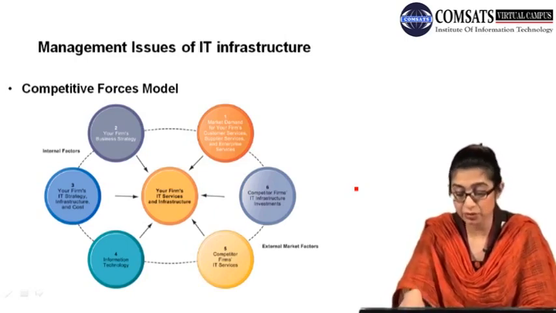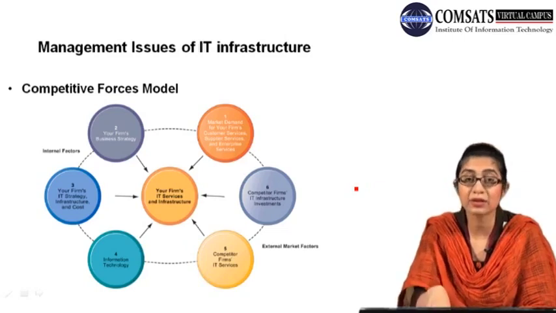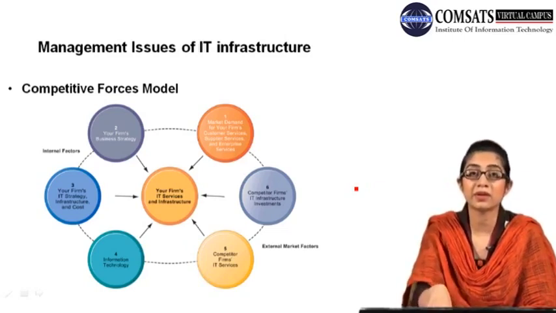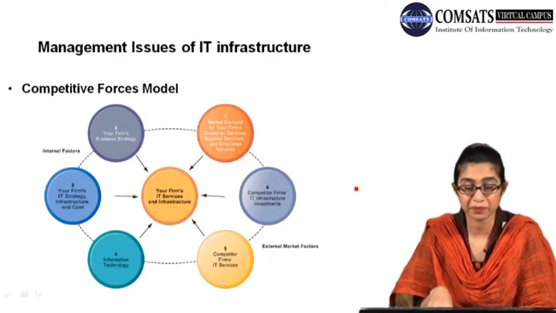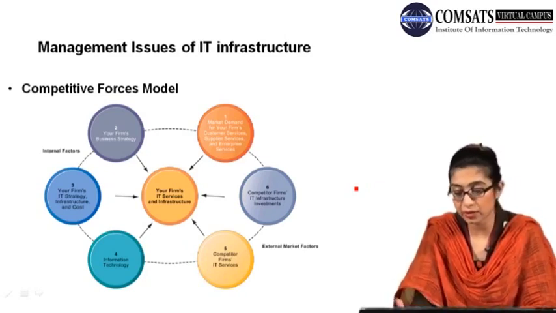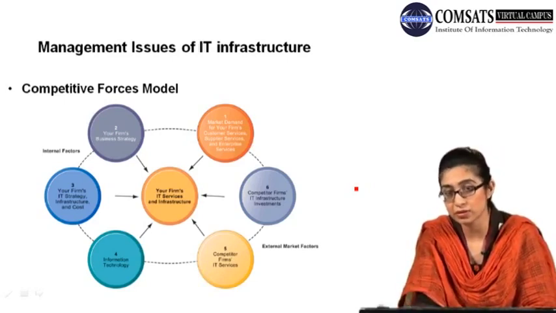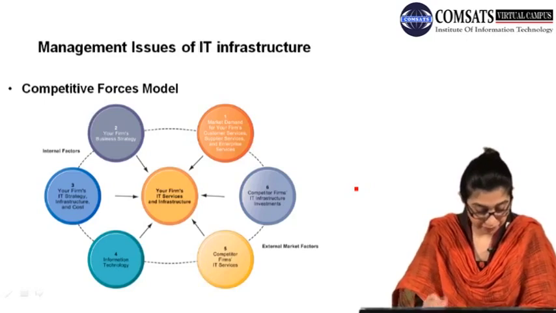Also determine the total IT cost. Whatever cost is currently being spent on your information technology, you have to list that out as well. Right? And then that is going to give you an idea of whether it is going according to the organizational goals or not. Right?